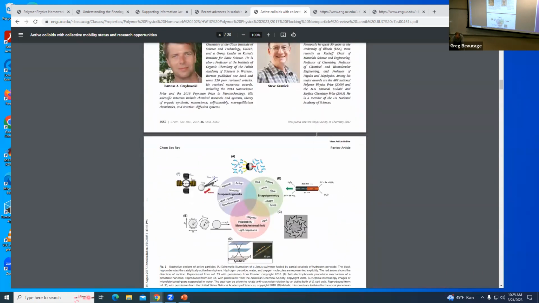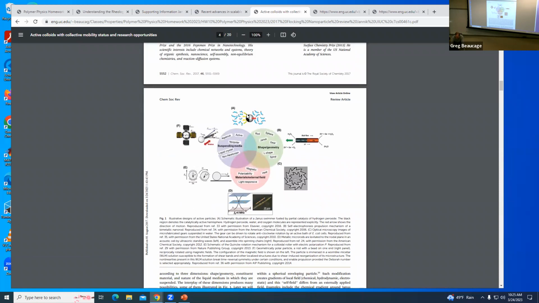The idea is you make particles at an interface and coat one side with something that can react with hydrogen peroxide. Hydrogen peroxide foams, so it gives off gases and propels the particle. You put it in water with peroxide or alcohol, and these things fly around like birds. If you can tune that, you can make them flock and swim and do different things. That was the main way, using hydrogen peroxide.